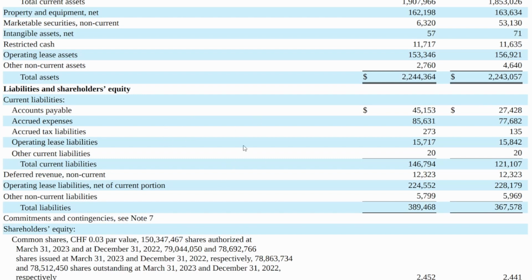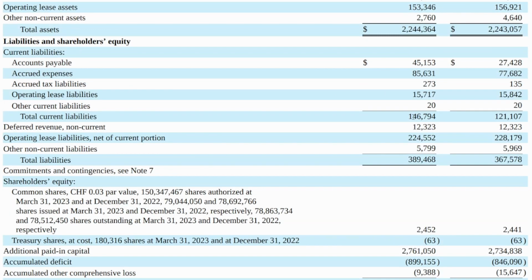You've got to pay your hydro, you've got to pay your electricity. In genomics, they're probably doing some other crazy complicated stuff, who knows? But current liabilities are $146 million, and if we subtract this number from this number, we get long-term liabilities of about $243 million.